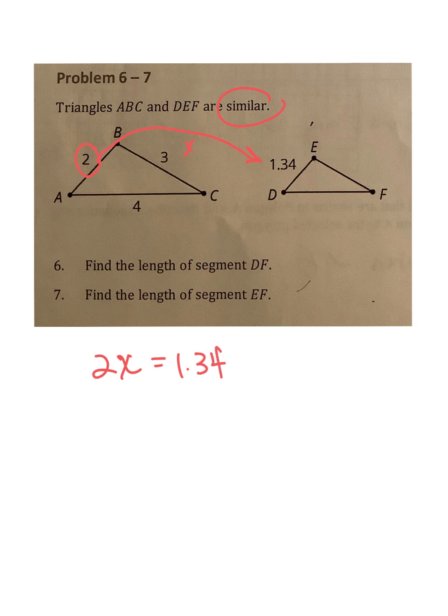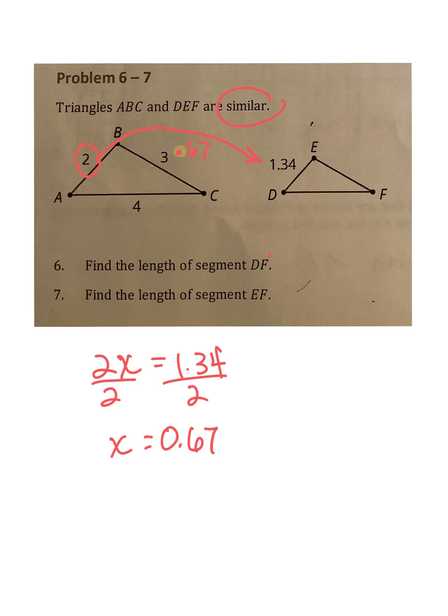To figure out what that number is, all we have to do is divide both sides by 2. So I got my handy dandy calculator over here. 1.34 divided by 2 is 0.67. So 2 times 0.67 is how we get to 1.34.